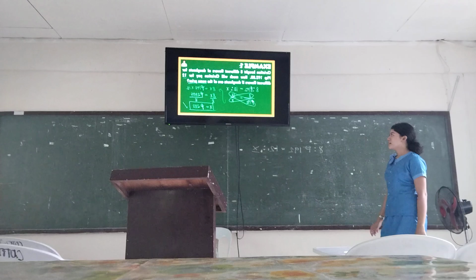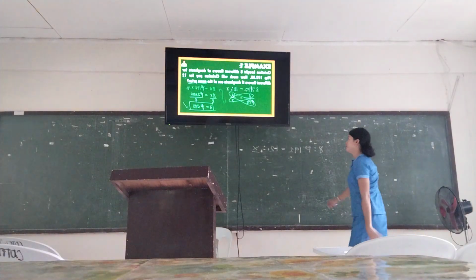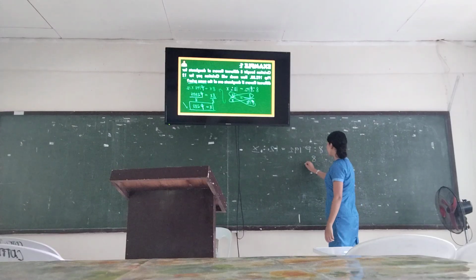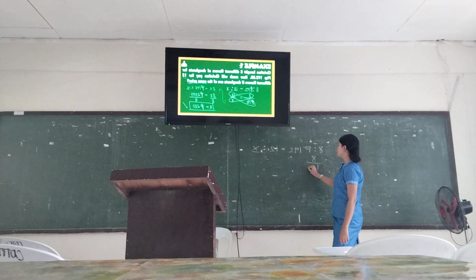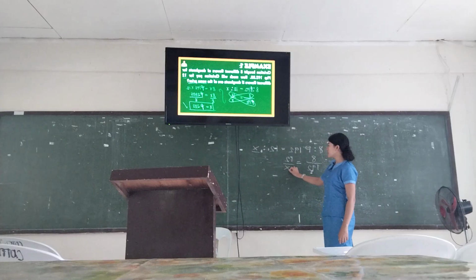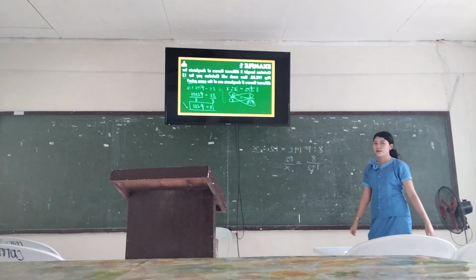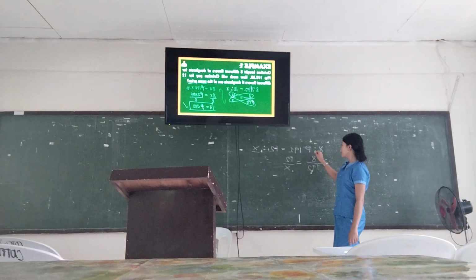Okay. So, we are going to find X by multiplying the numerator and the denominator. We are going to write it as 8 over 192 is equal to 12 over X. So that means we are going to multiply the denominator.